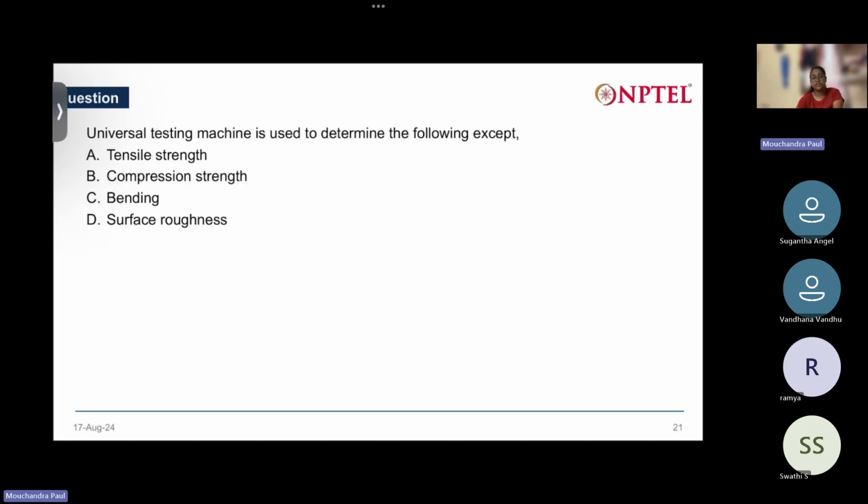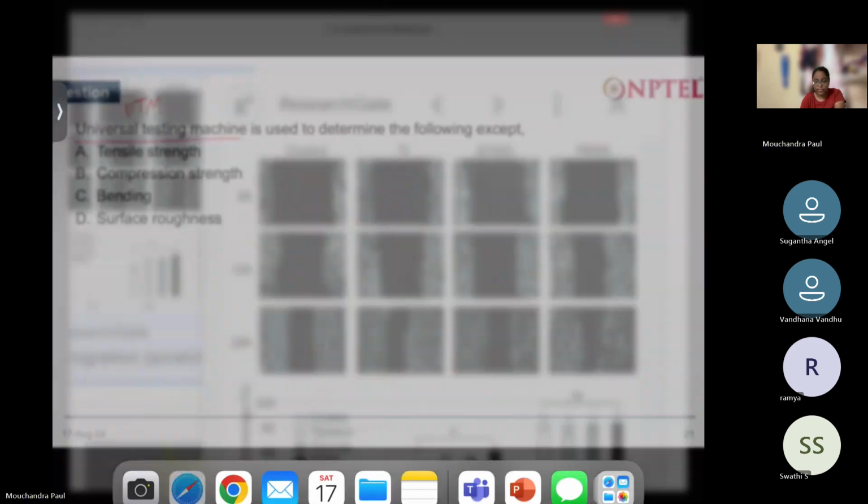This is another question. Universal testing machine, also called UTM. It is a machine that can help you determine the following, except. So UTM looks something like this.